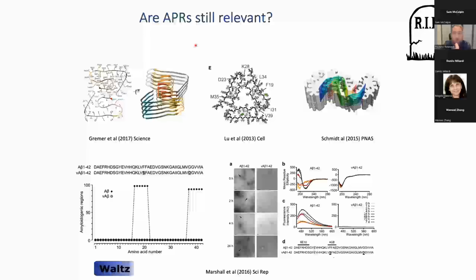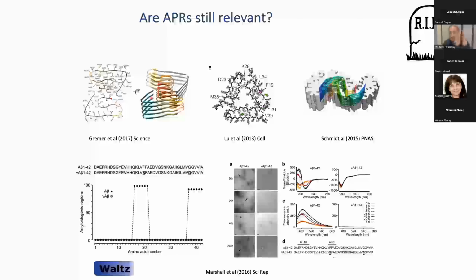Because of course, as you see, and as we know, amyloid cores are formed by much more residues than just the predicted APRs. That's the first thing. A second thing is that the way in which these APRs pack and form tertiary structures into real amyloid cores is not by homotypic interactions.